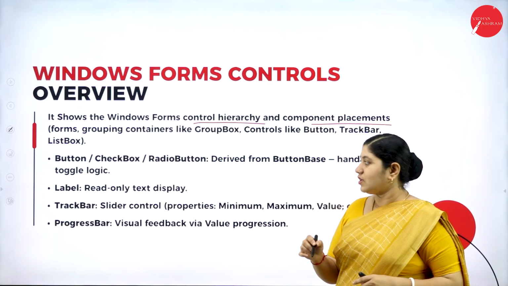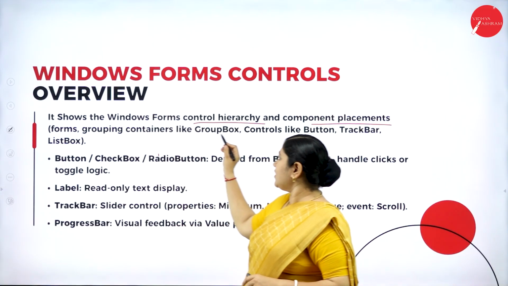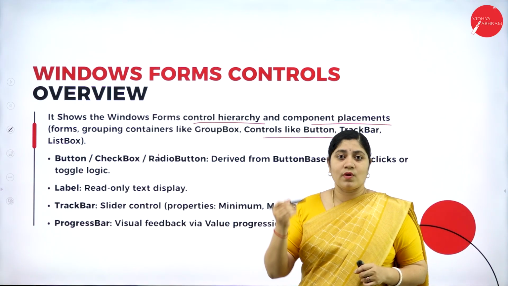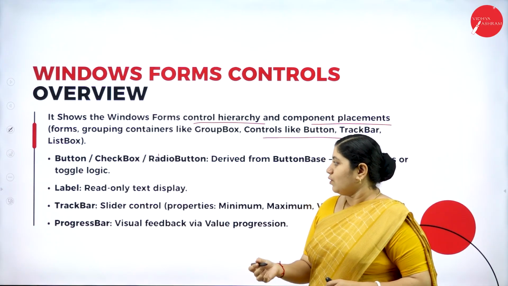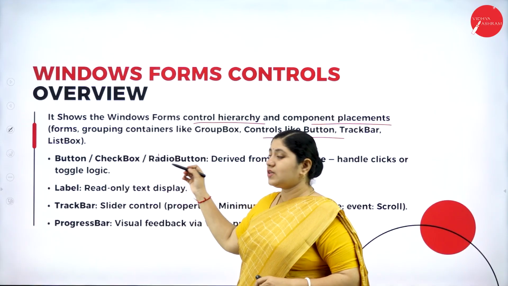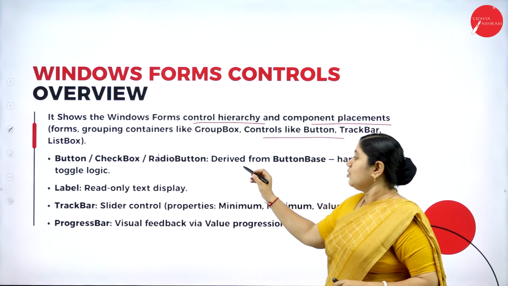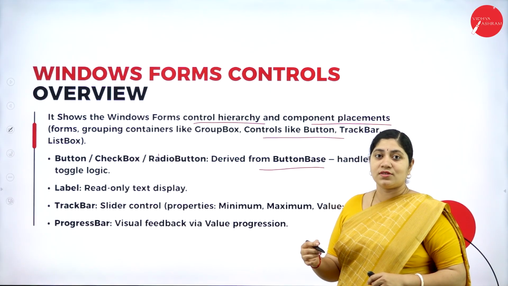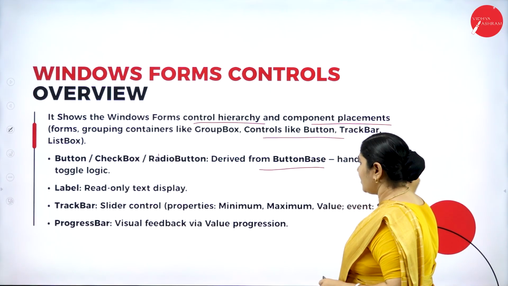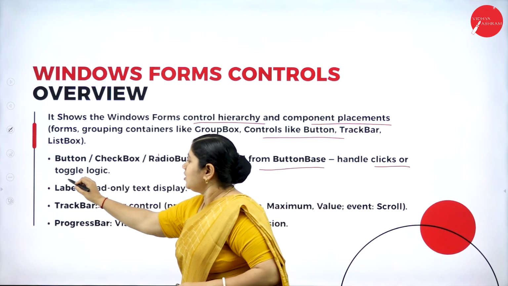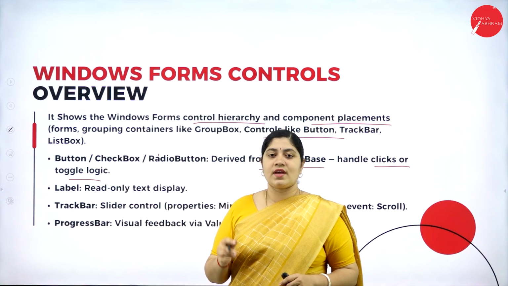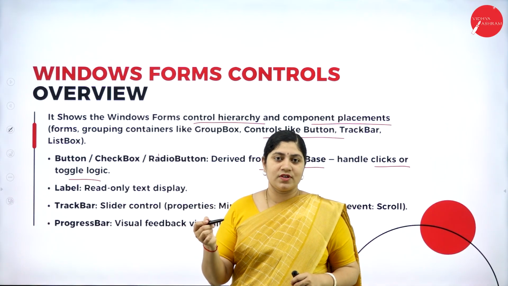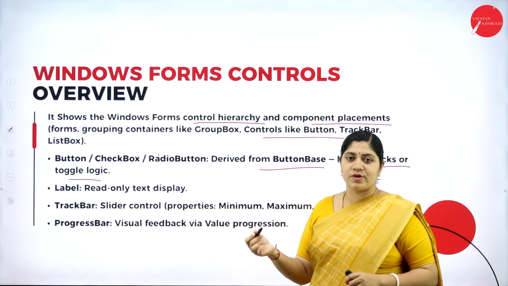If I am using a form, then there are grouping containers like group box, followed by controls like buttons, text box, list box, etc. Followed by the button, check boxes, and radio buttons, also derived from ButtonBase. It handles clicks as well as the toggle logic too. We can either click or use the toggle logic in order to enable the service of a button, a title, or radio buttons.